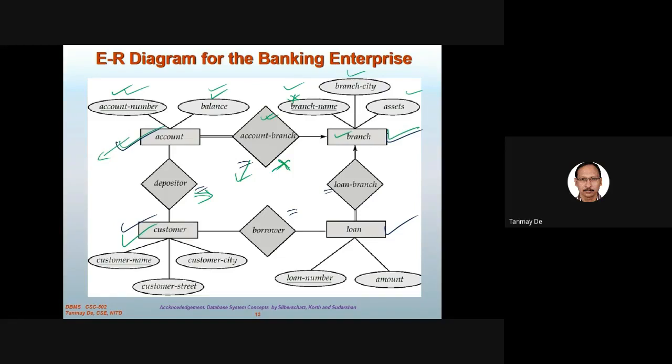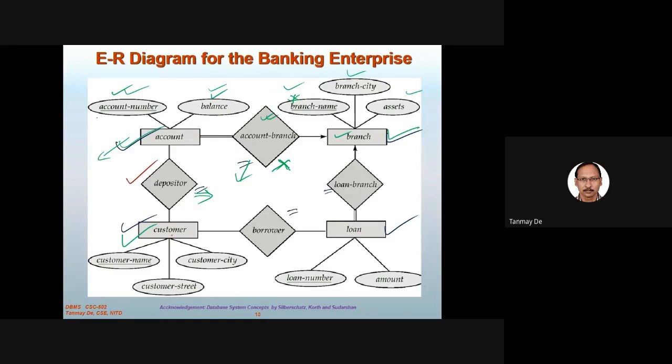You can see here, depositor is one of the relations. When we convert this relationship set into a table or relation, what are the attributes? When we discussed the ER diagram chapter, what was the attribute of the relation corresponding to the relationship set? The primary keys of the connected entity sets: the primary key of account is account number, and the primary key of customer is customer name.